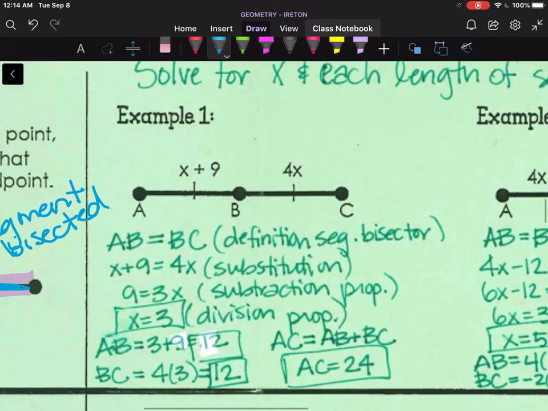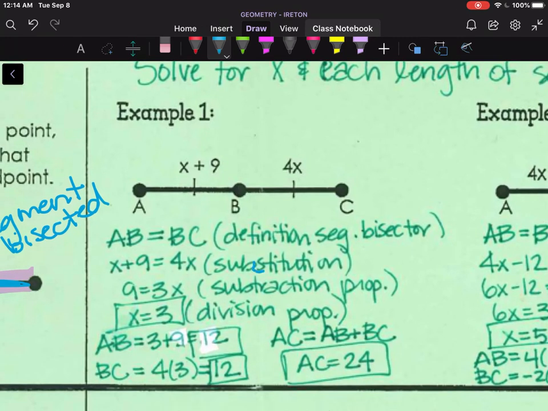And so here, just looking at this picture, I've got segment AB and segment BC.